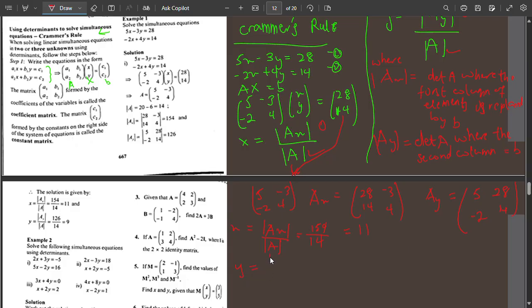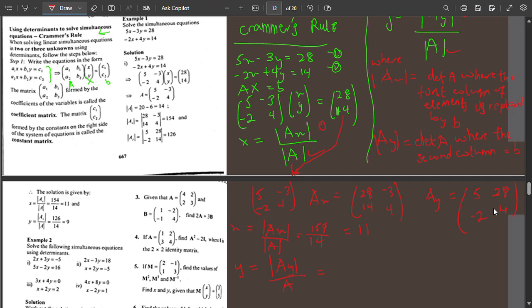Then y, we have Ay over A. What's Ay? Ay is here. The determinant of Ay will be 5 times 14, which is 70, plus 2 times 28.